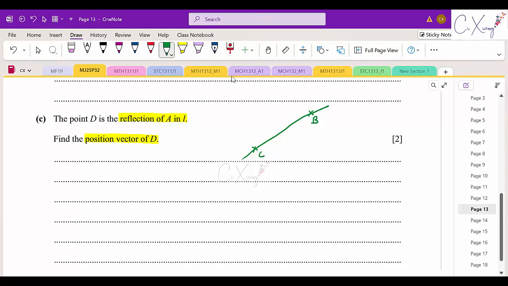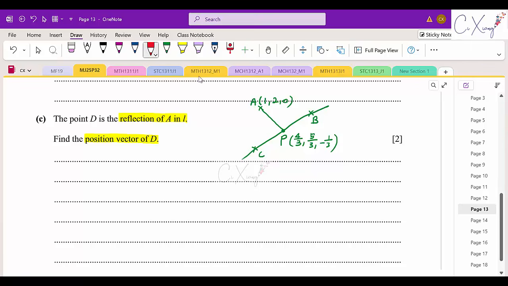Just now, we are having this line, then you're having the point A, then you have the point P. In coordinate form, A will be 1, 2, 0. The P that we get just now should be 4 over 3, then 5 over 3, and also -1 over 3.